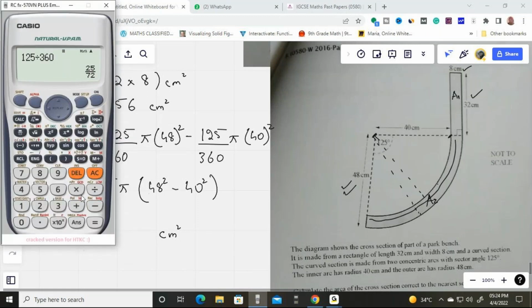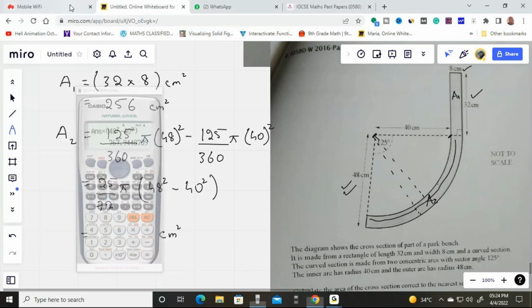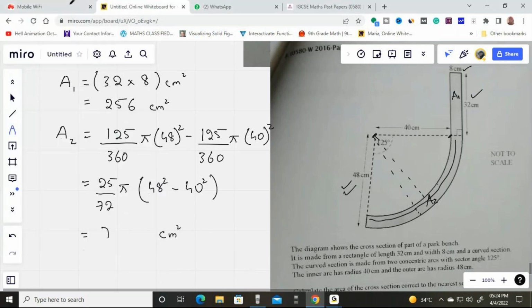I multiply this with my pi. 767.9. Yes, 767.9.